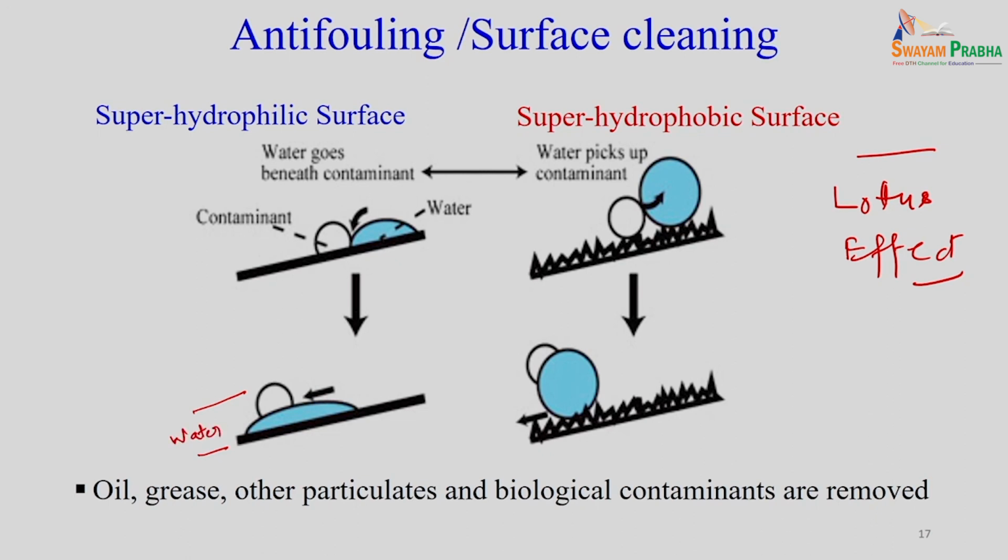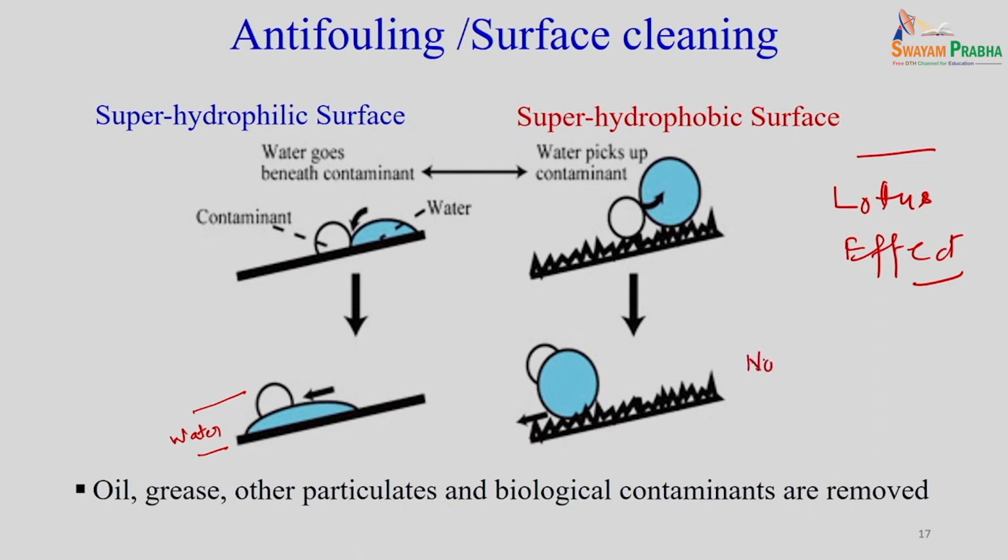It is going to completely wet, so it will remove the contaminants. In case of a super hydrophobic surface, there will be the formation of a complete sphere, which means it is not going to wet. So, water molecules can flow from the surface without wetting.